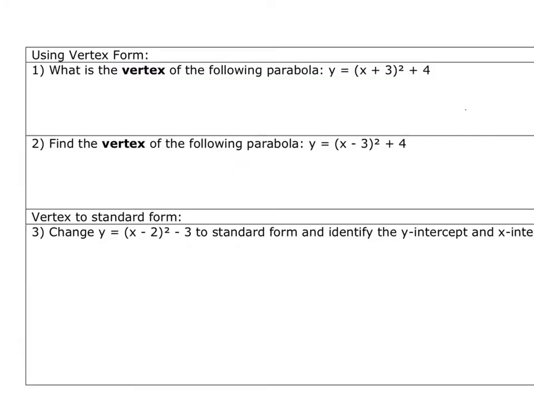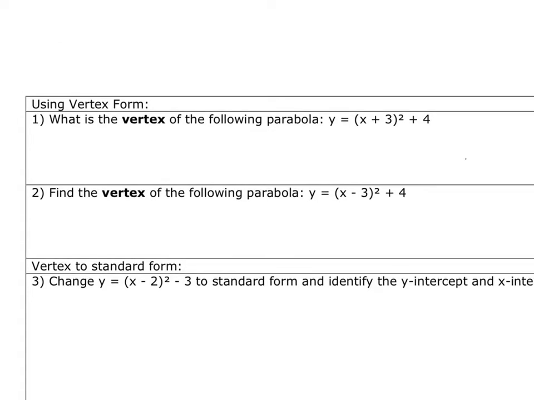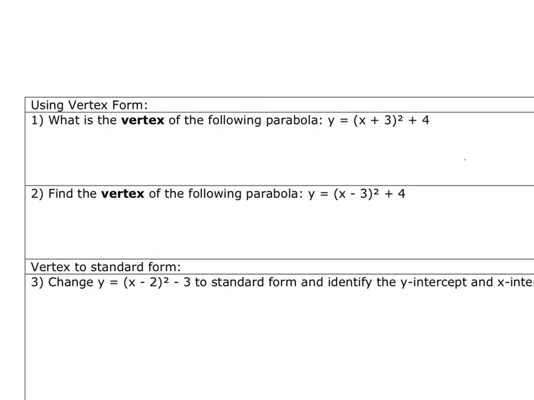Okay, so for questions 1 and 2, we're going to use the vertex form to find the vertex. So keep in mind that the equation for a parabola in vertex form is y equals a times x minus h squared plus k. So when we're looking for the vertex of this parabola, we have a plus 3.